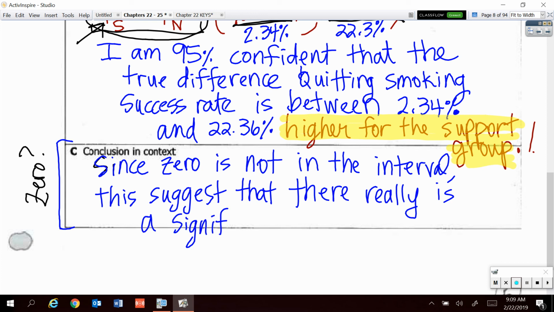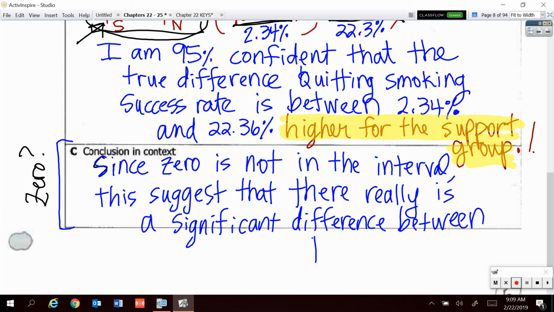Not just a little difference, significant, but a big difference between P of S and P of N. That's really as involved as we get in this class. So I've kind of taken you to the depths of the conclusions that we have to make from our differences here. So since 0 is not in the interval, this suggests that there really is a significant difference.